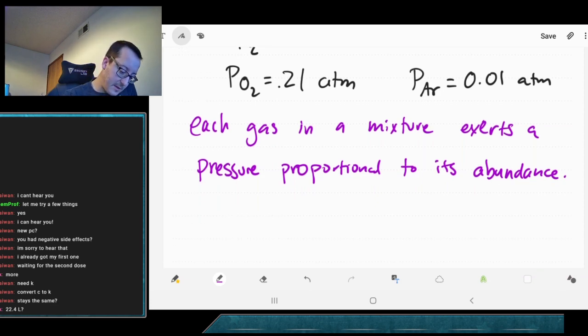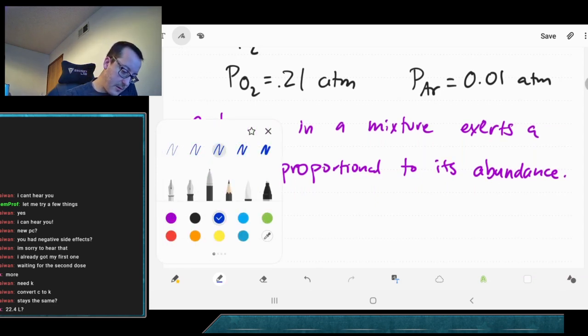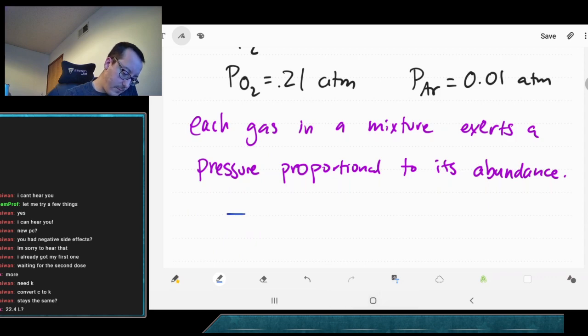Another way of saying this is what's called partial pressure. Let me rewrite that.